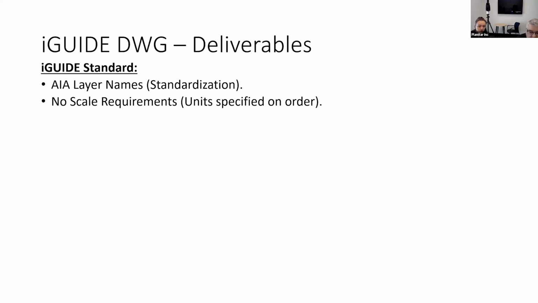We've done a really nice job of now making that an ordering checkpoint up front that allows you to say, I want this property done in imperial, and then you get that delivered to you in imperial. That's really awesome. It is, because unless you were using CAD all day, every day, it was a hassle, a step you had to go through. And if you didn't do it right, you're potentially messing up your property.